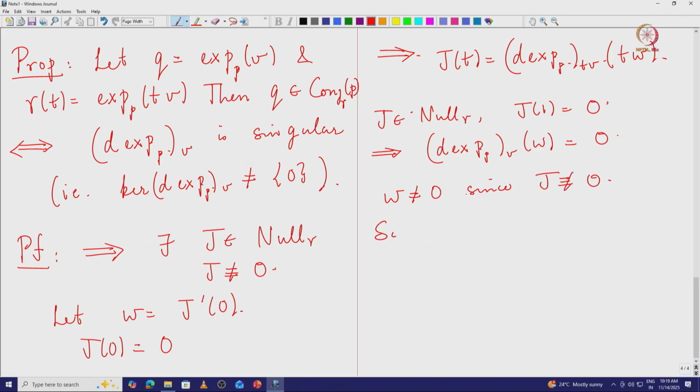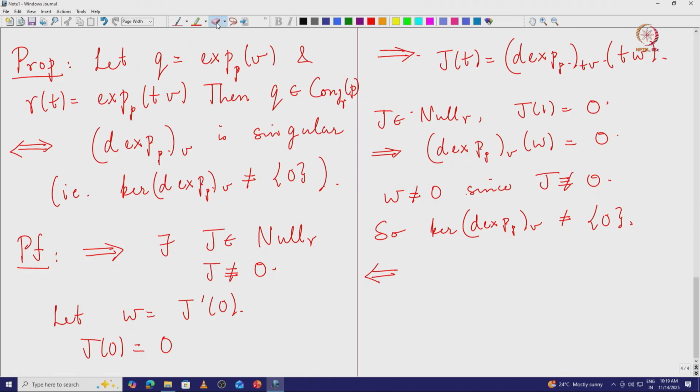So this shows that the kernel of the derivative of the exponential map at V is non-trivial.